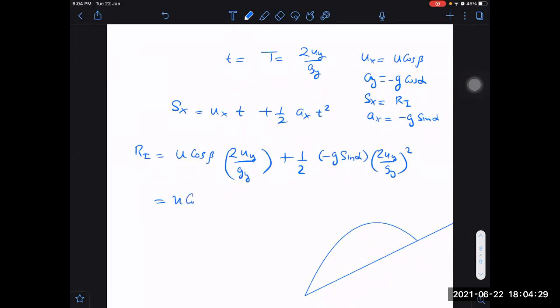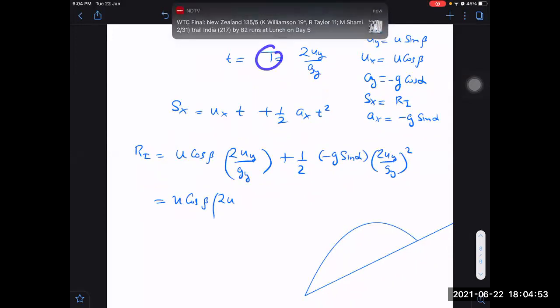U cos beta multiplied by 2u. What is uy by the way? U sin beta. Which is ay? Gy, not ay. Time of flight will be this only, no?